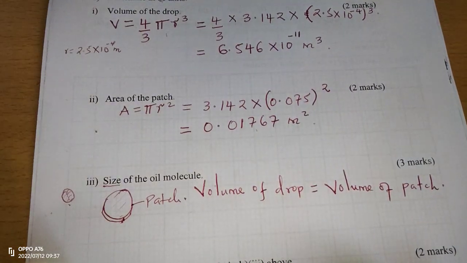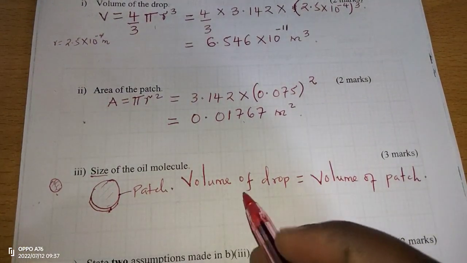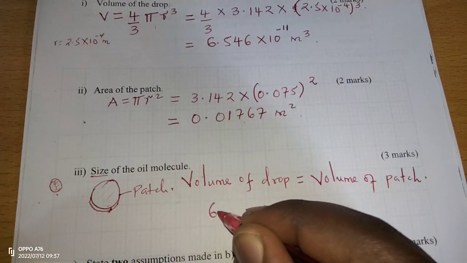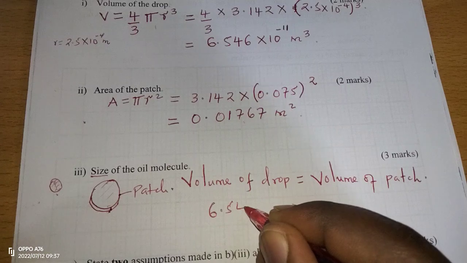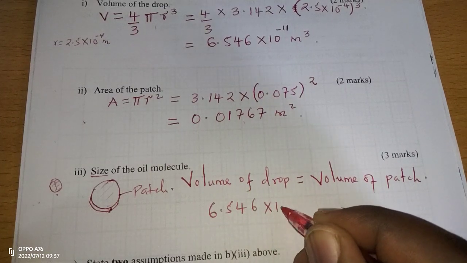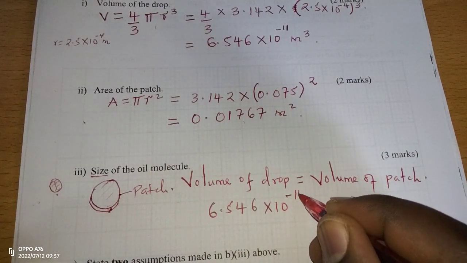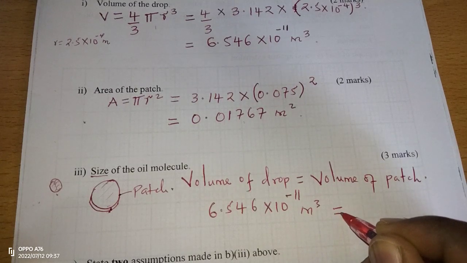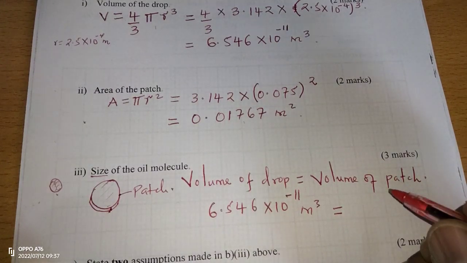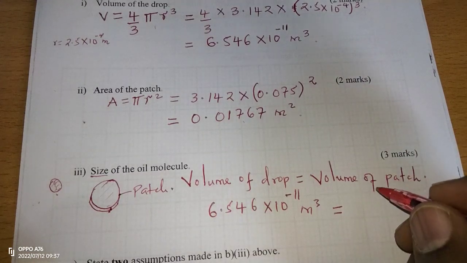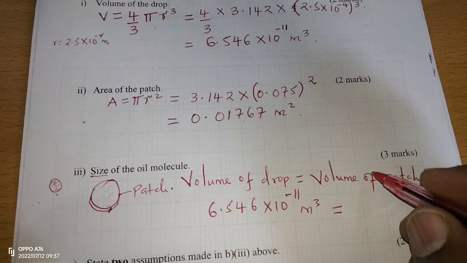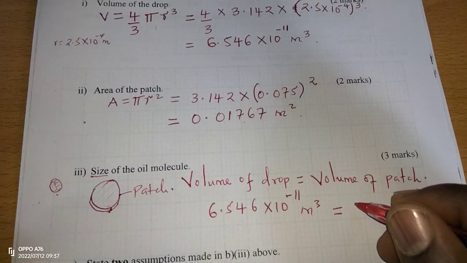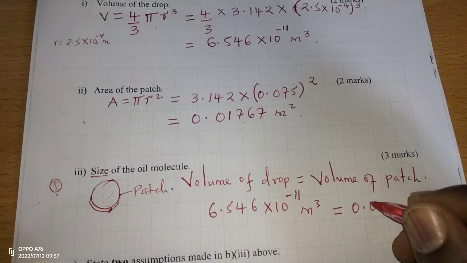After the drop spreads into a patch, the volume of the drop, which is already determined, is 6.546 times 10 power negative 11 meters cubed. This will be the same as the volume of the patch, which is cross-section area multiplied by the thickness or the size of the molecule.